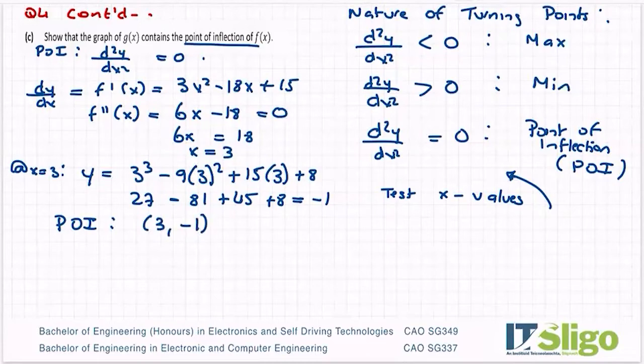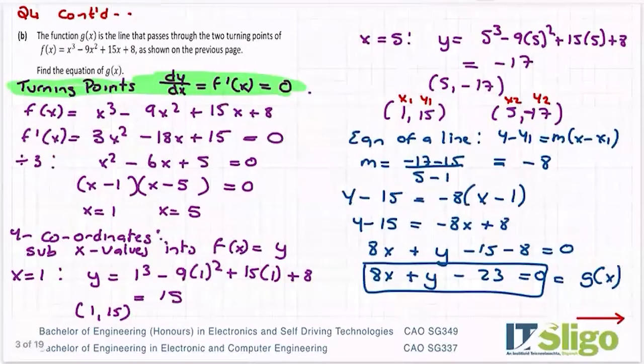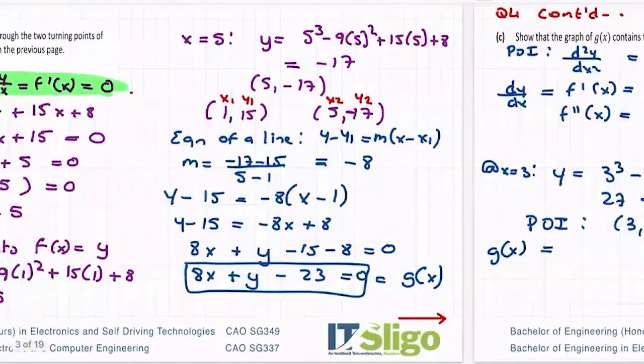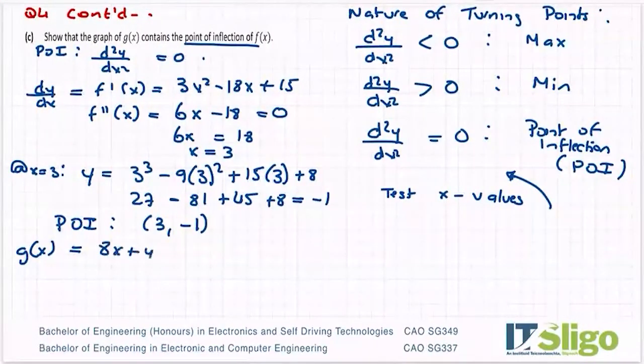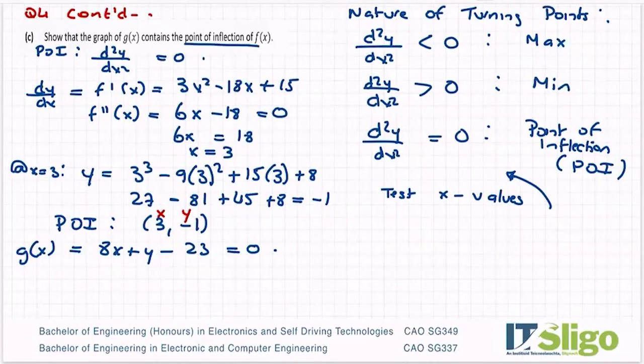And the question said, show that the graph of g of x contains the point of inflection of f of x. So I want to show that that point is on this graph g of x. g of x was the one we just found, 8x plus y minus 23 is equal to 0. So let's sub in our point of inflection and see does it satisfy that line.